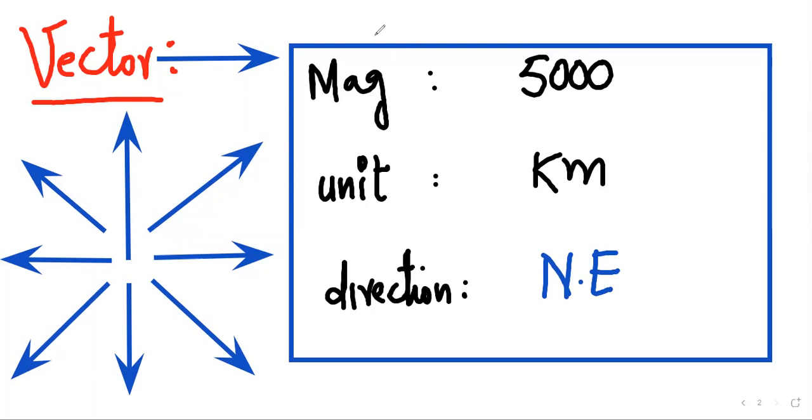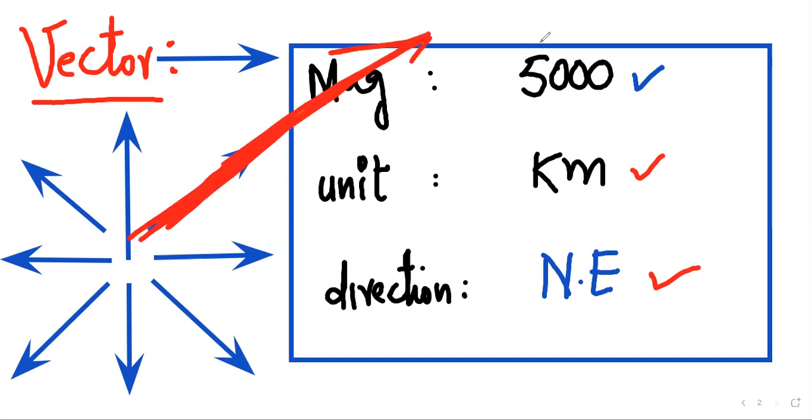Now we can easily understand that the rocket which was launched traveled 5000 kilometers, and it was in the northeast direction. It means it went in this direction. So one can easily understand a vector quantity when three areas are addressed.